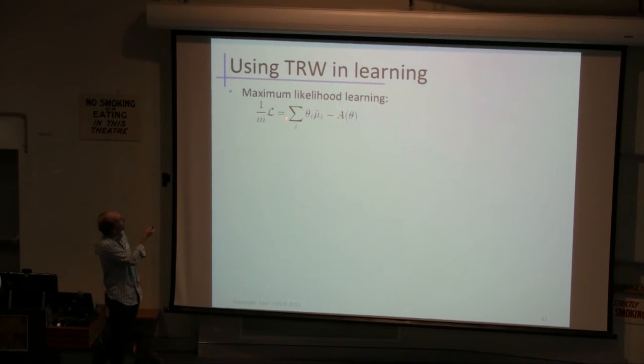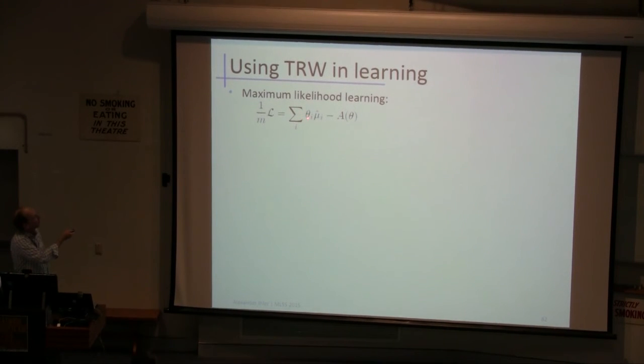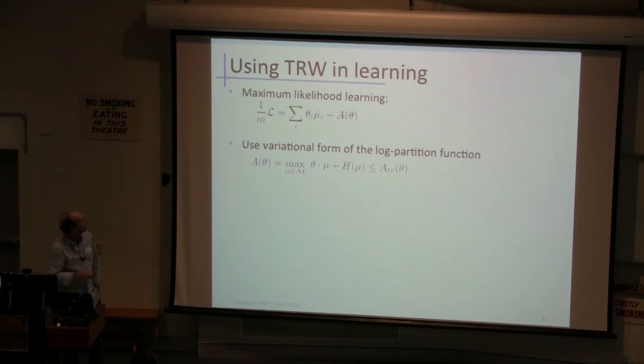So this is the data term, which you're trying to maximize with respect to the parameters, but then this log partition function makes sure that those parameters have total mass 1, so that as you try to assign more mass to the data, you're forced to reallocate it from other values.